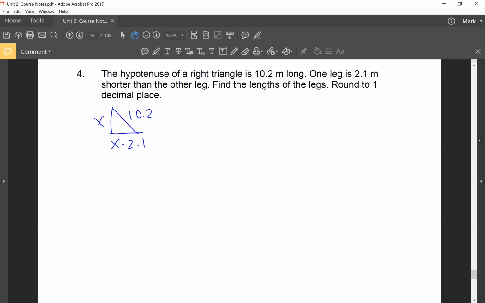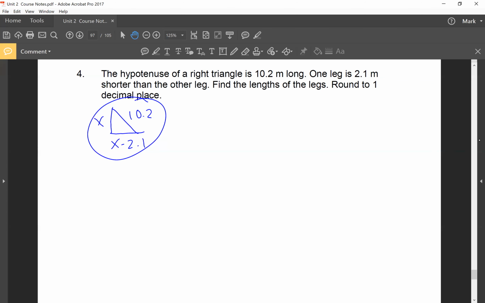It says find the length of the legs and round to 1 decimal place. Again, for your test next week on Tuesday, make sure you know how to do numbers 2 and 3. However, we can do number 4.